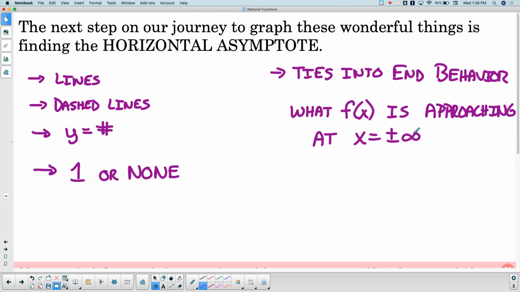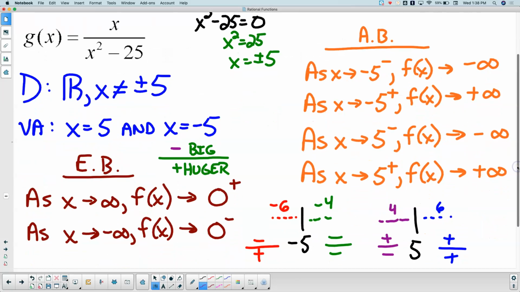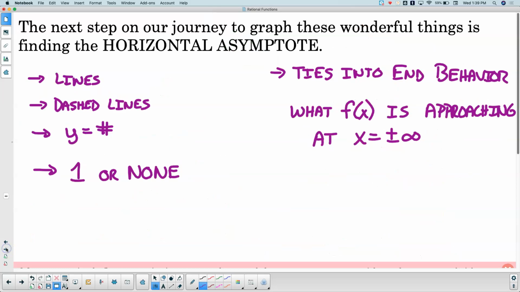So if I go back a slide here momentarily, at my end behavior here, we approached 0 from above and 0 from below. And we've done that all day Monday. We did that so far up to this point. Now we're going to be able to approach some different number. I'm going to teach you how to figure out what that number is. Okay?